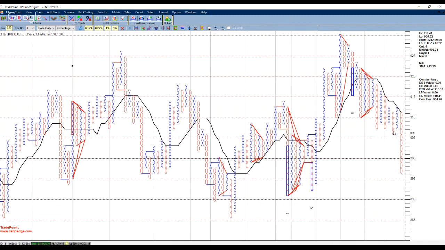Your sell signal would have been triggered at 904.96, or roughly say take it as 904. Your stop loss would have been at 913, and price now is at 900. So you can of course play around with the box size and the time frame also.